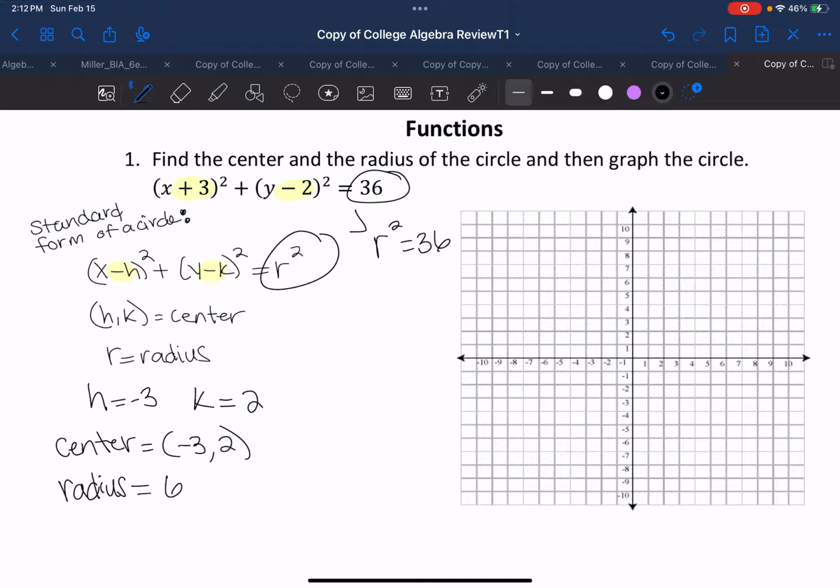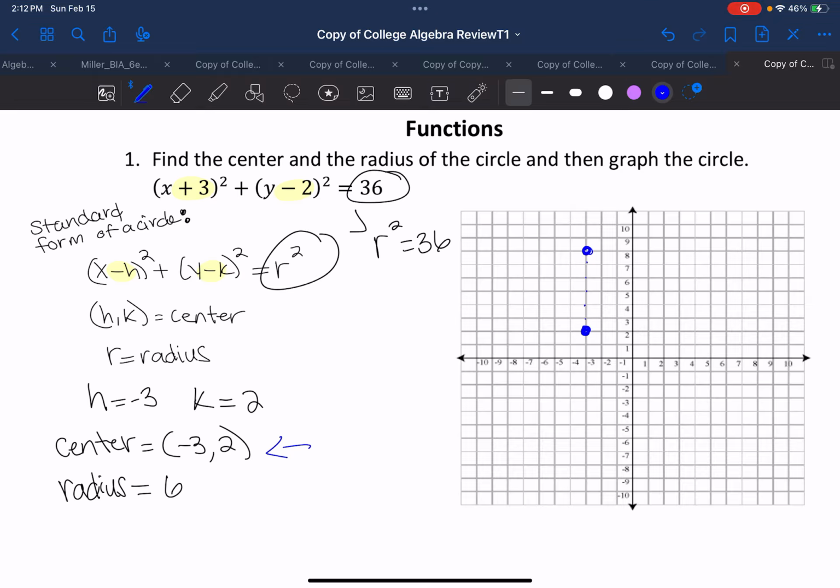So now I can use this information to graph it. I'm going to start with the center, which is the point (negative 3, 2). So that would be right here. And then I'm going to count from that center point out 6 spaces to the top, bottom, left, and right. 2, 3, 4, 5, 6.